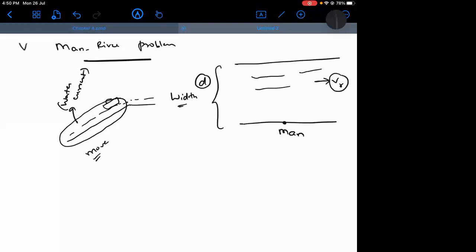Let's say the water is flowing in this direction with a speed of VR, where this VR is what I call the velocity of the river water with respect to ground. I'm talking about the absolute velocity of the water. Am I clear, guys?